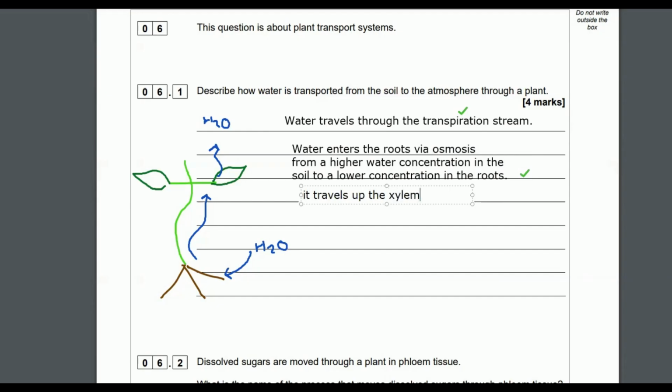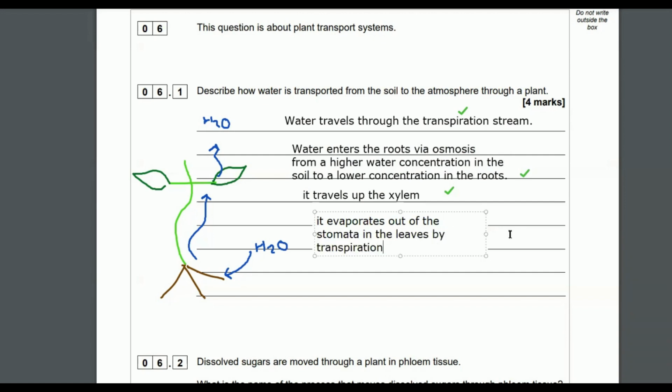You don't need to know how it goes against gravity. It's by a process that's not done at GCSE. So it travels up the xylem. So any mention of the water moving through the xylem is another mark. And then it evaporates out of the stomata in the leaves by transpiration.